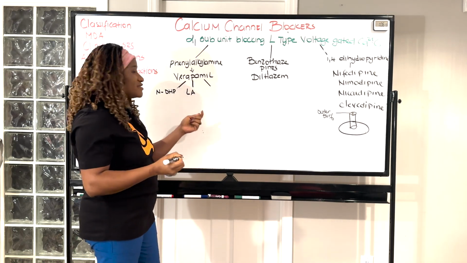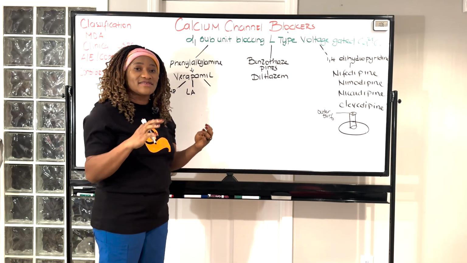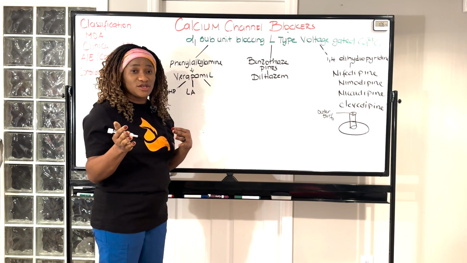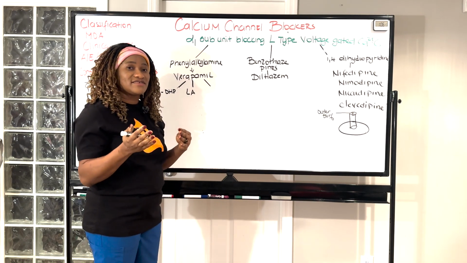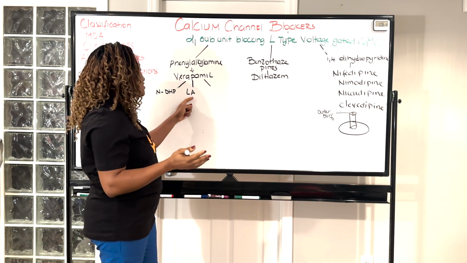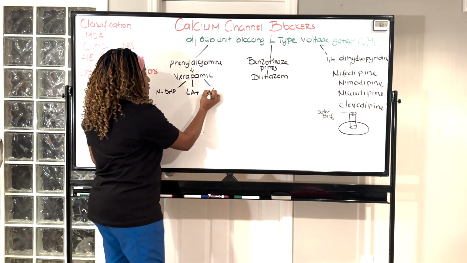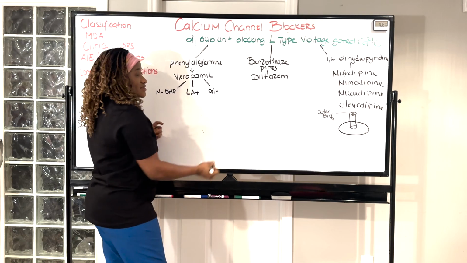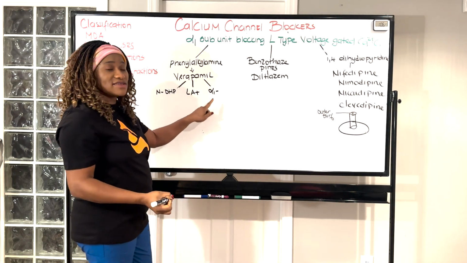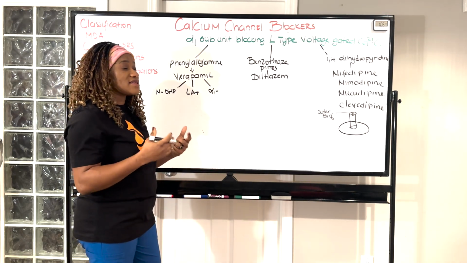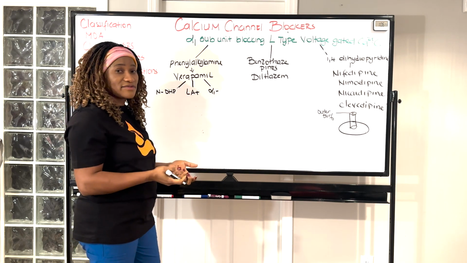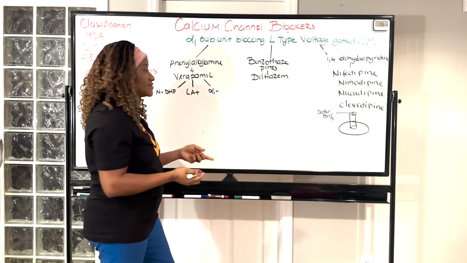Actually, it comes in a racemic mixture, and the D-enantiomer can block the fast sodium channel, given its local anesthetic property. And it's also an alpha-1 antagonist. Yes, it has an alpha-1 antagonist property, making it more of a vasodilator than diltiazem.